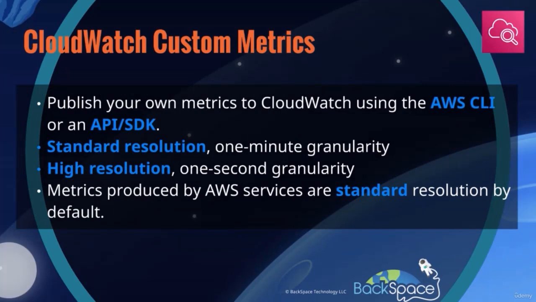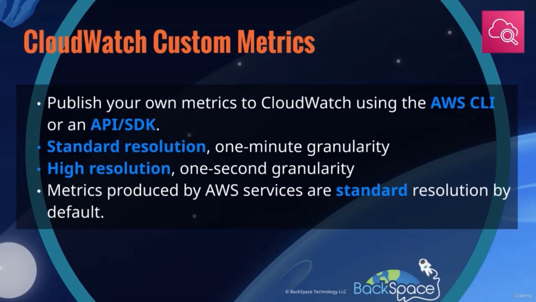There are many AWS managed CloudWatch metrics, but you can also create your own custom metrics. To publish your own custom metrics to CloudWatch, you can do that using the AWS command line interface or using one of the many software development kits to communicate and send those metrics to the CloudWatch service.